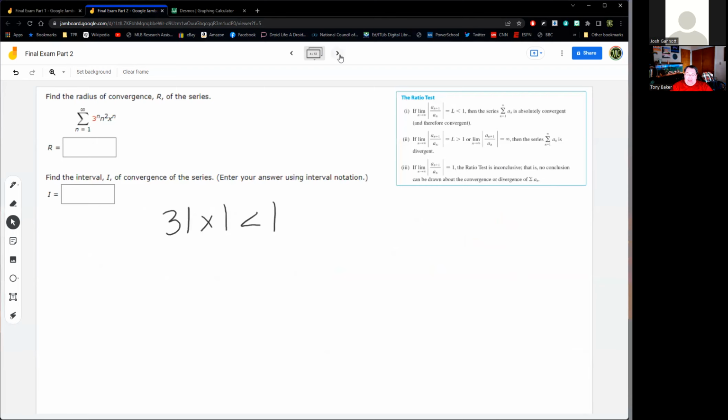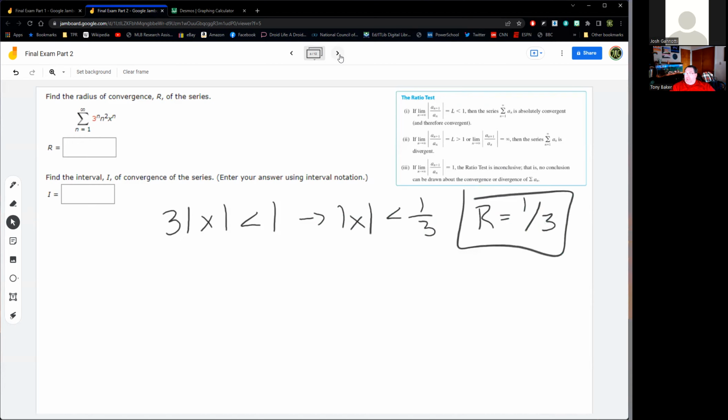So that means the absolute value of x is less than 1/3. So my radius of convergence is 1/3. My interval, I would split this up: negative 1/3 is less than x is less than 1/3. So now I've got to plug the endpoints into the actual problem to see what happens on those two endpoints.